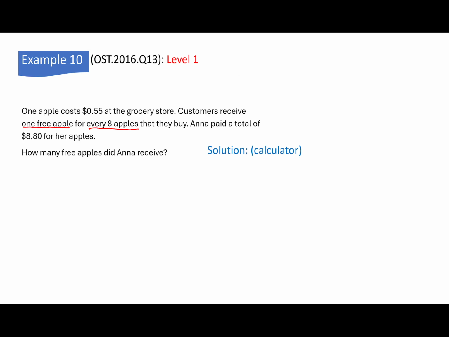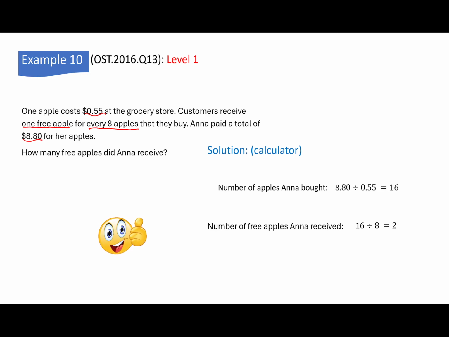Okay, so first of all, let's find out how many apples she bought. That's your total, that's per apple. 16. So she bought 16 apples, but she gets 1 free for every 8 apples. So 16 divided by 8 is equal to 2. So she gets 2 free apples.